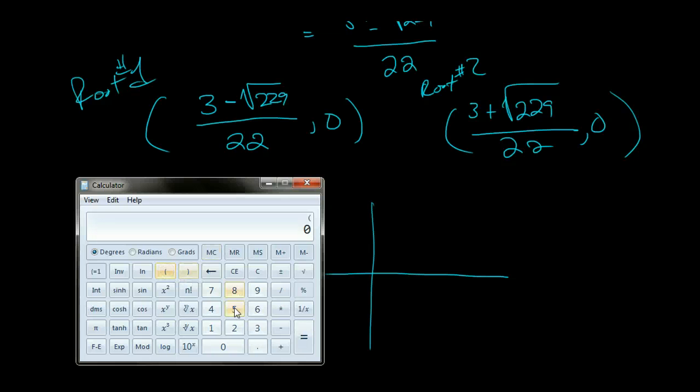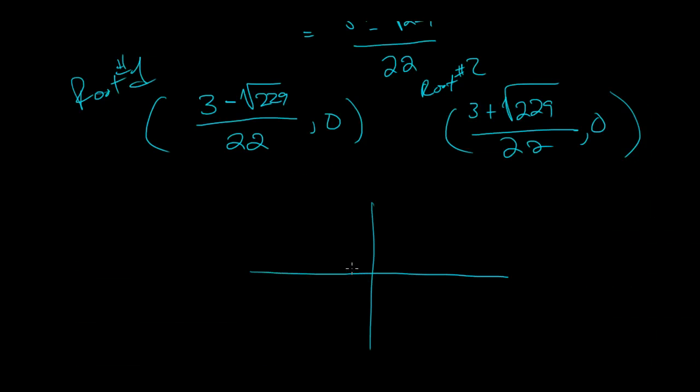That'd be 3 minus 229 square root, close that parentheses, and we'll divide that by 22. So it's this really tiny number here, negative 0.55. So it's a little bit more than a half. So I have a root right around a little bit more than a negative half.